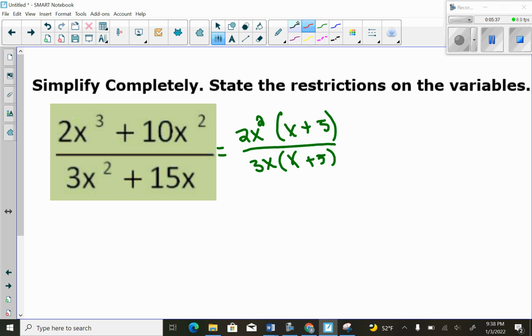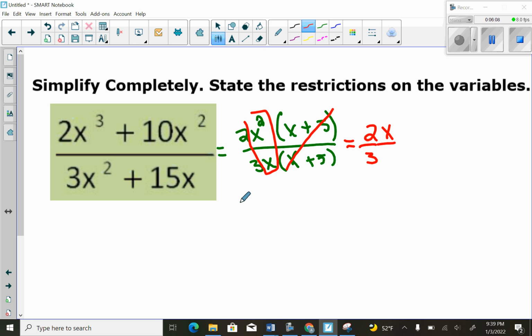Okay, so now those x plus 5s will cancel, but we can also apply our exponent properties. So we'll still have 2/3, x squared over x. If we subtract those exponents, we end up with an x.